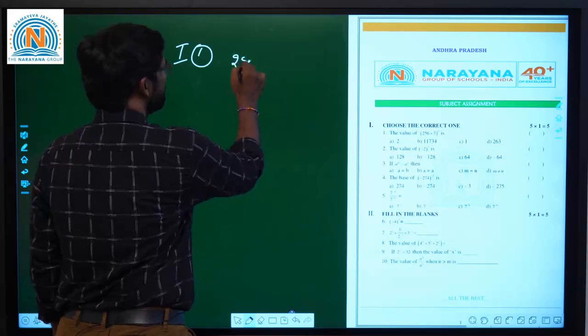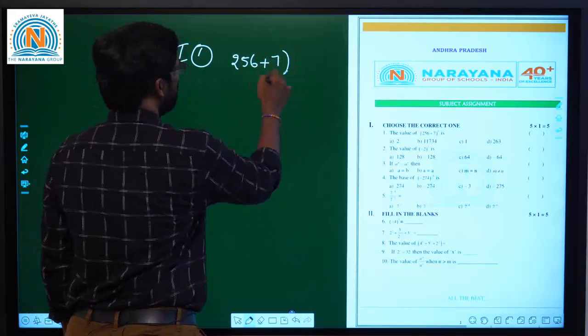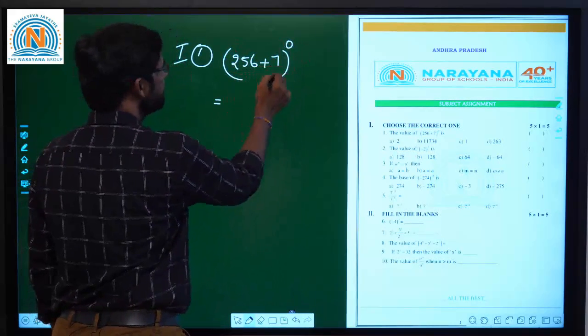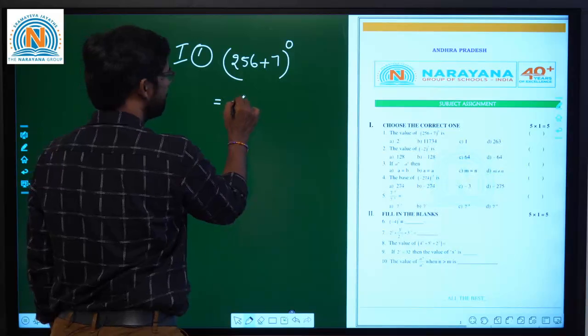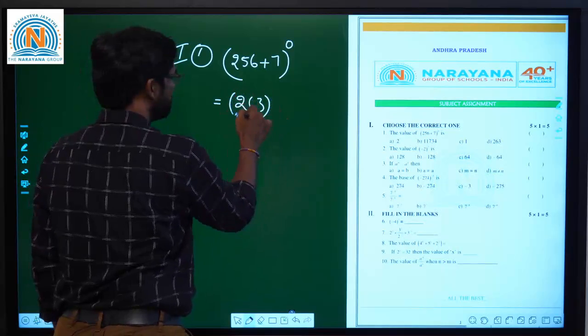The value of 256 plus 7, whole to the power of 0. So 256 plus 7, how much? 263 whole to the power of 0.